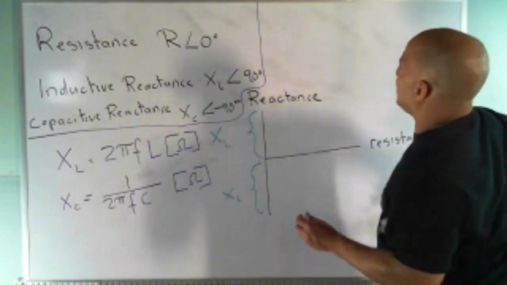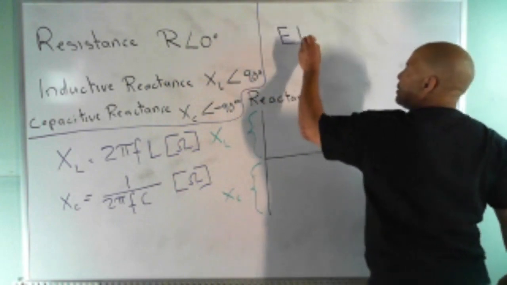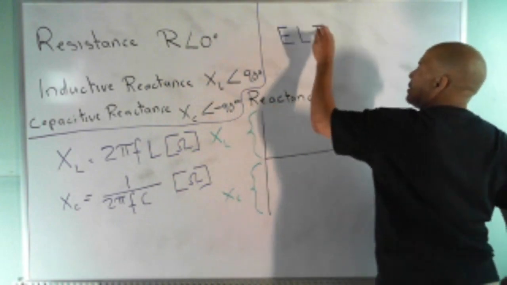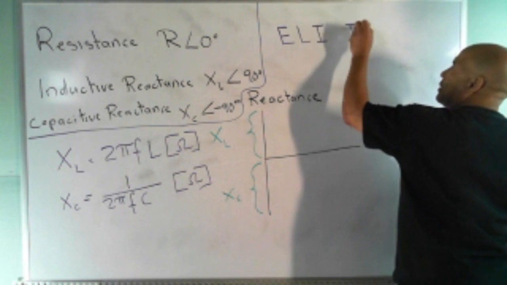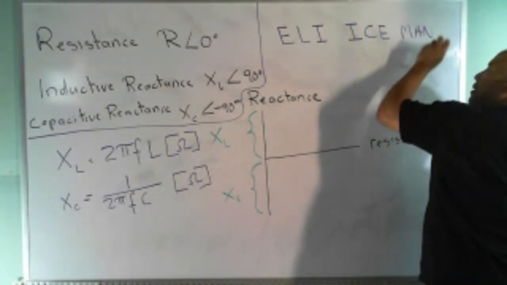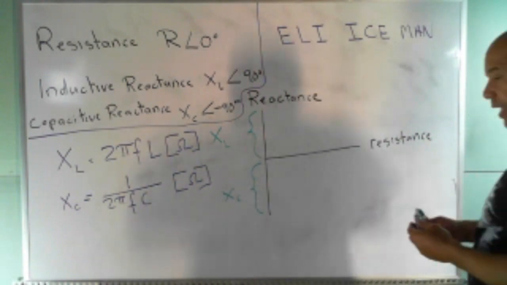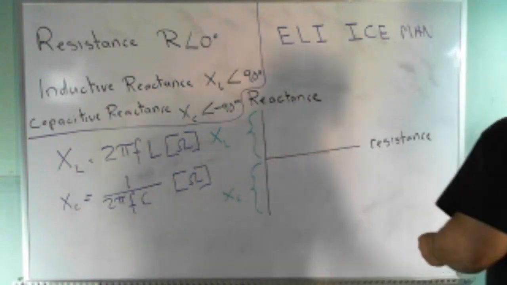If you write this out, ELI the ICEman. This is just a way to help you remember which happens first. ELI the ICEman, so write that down.